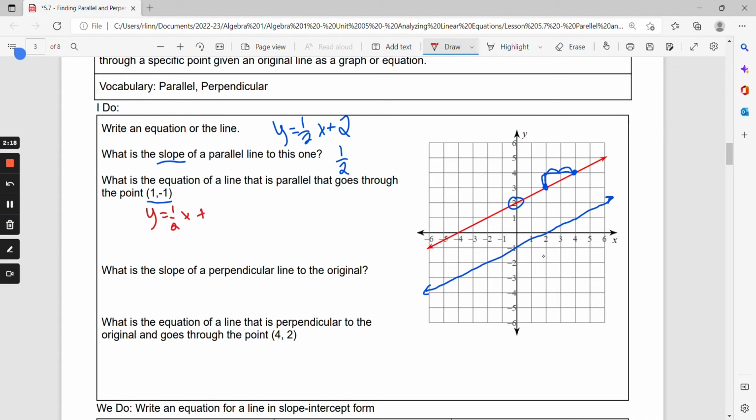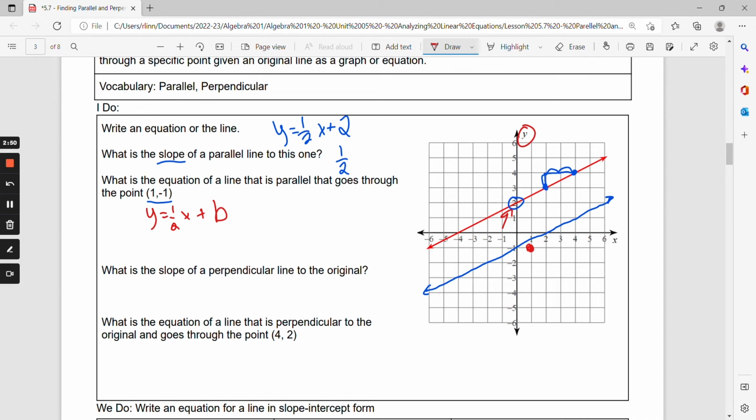My second line is not necessarily going to have a y-intercept of 2. I want to make sure that it goes through the point 1, -1. In order to find the equation of that line, I need to find out where it crosses my y-axis. I don't know the y-intercept, so I'm going to just use my variable still, which was b.